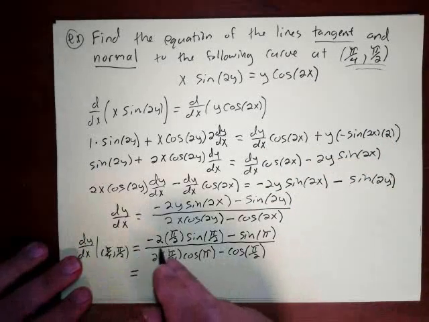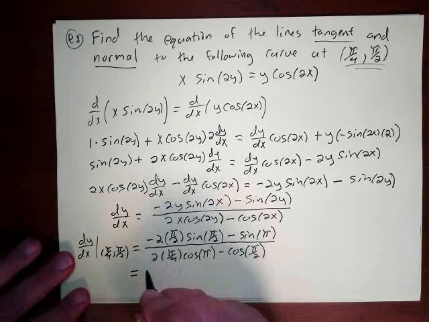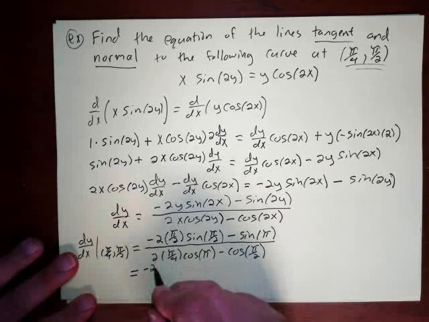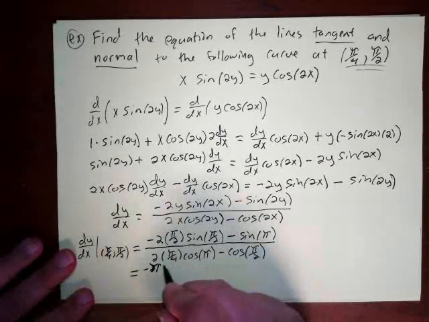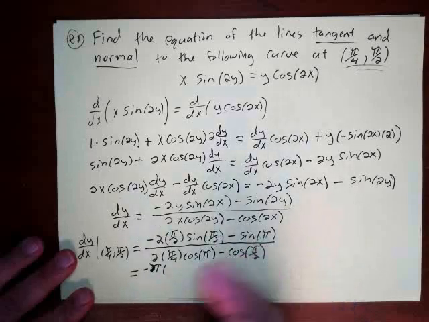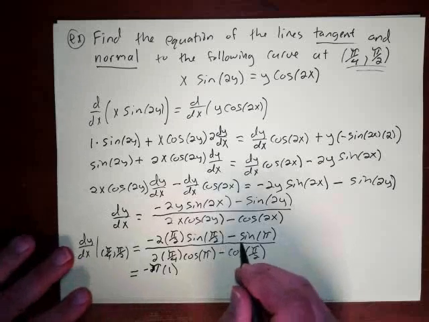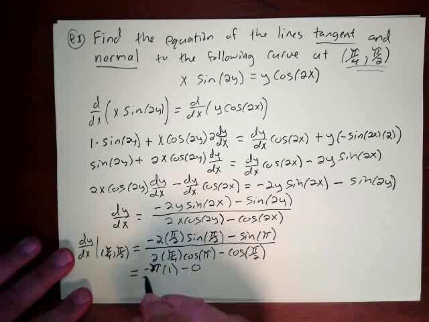So I'll just do it. Negative, well, the 2's cancel out, so I just get negative pi, and then sine of pi over 2, that's going to be a 1 there. And then sine of pi is just 0, so minus 0.